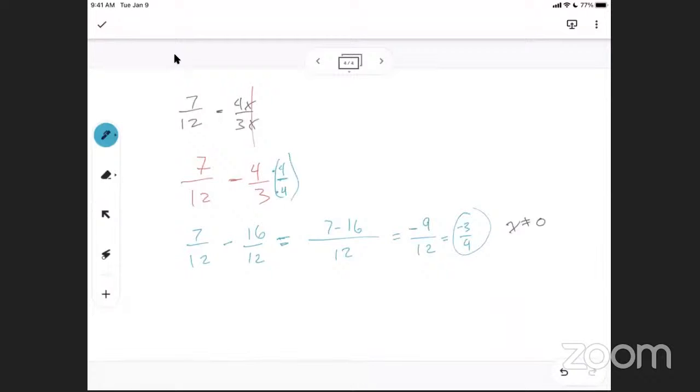And again, to say x can't equal 0 is a little bit... I'm not sure what your teacher would want you to say for that. Because technically this makes it seem like it's just a simple fraction. But in reality, in the original expression, are you allowed to put 0 in here? No. If you put anything else besides 0, you're going to get -3/4 as the answer, but you can't put 0 in here.